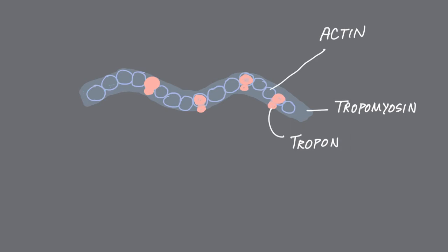The troponin is like a button that's on top of the tropomyosin. If you were to press this button, you can shift the tropomyosin from its default position. Only calcium can press that button. So this is where the role of calcium comes in.